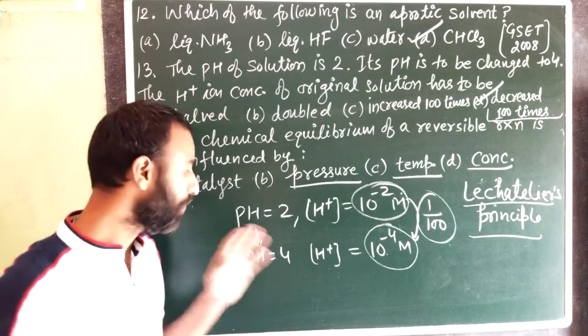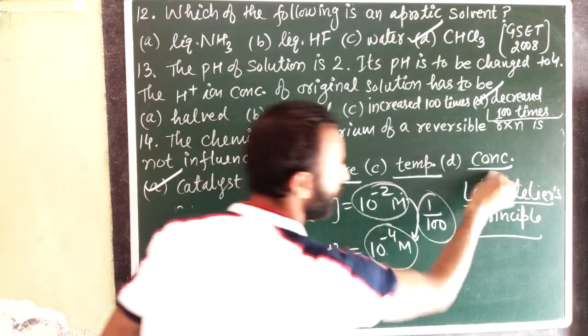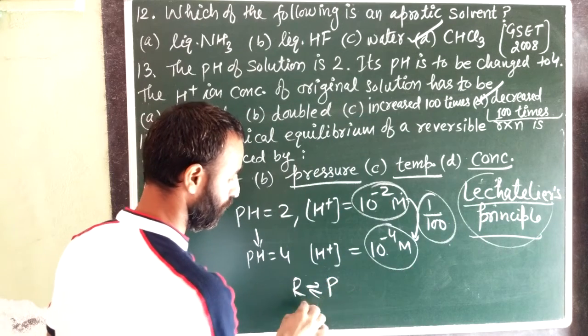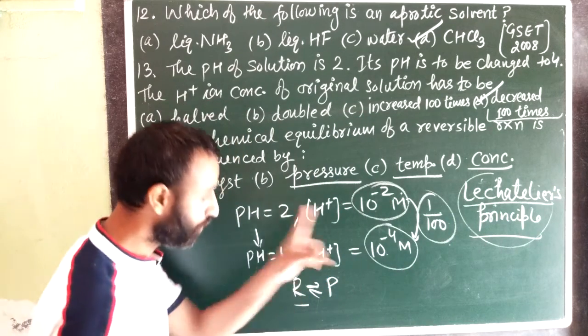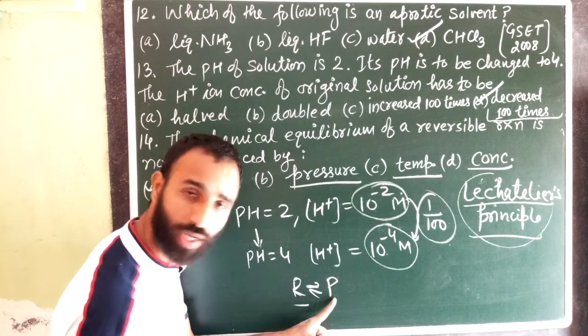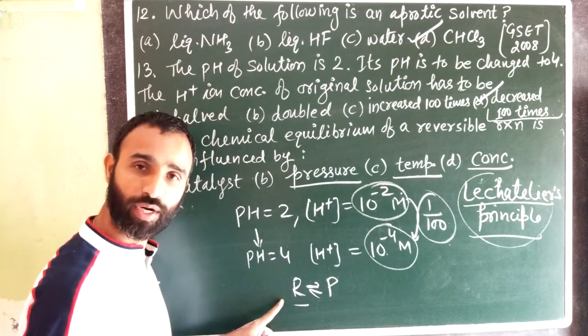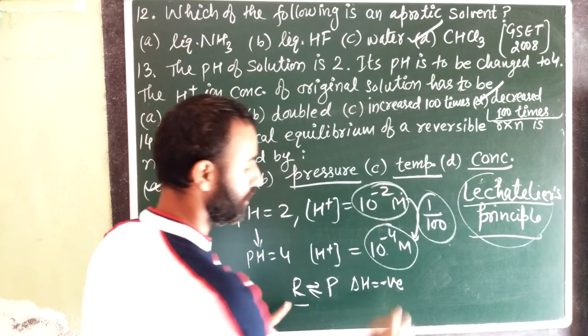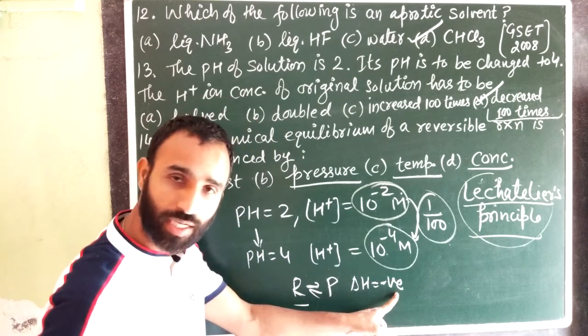Okay, otherwise if we go through this principle, reactant to product, if we increase reactant, equilibrium shifts forward. If we increase product, equilibrium shifts backward. If the reaction is exothermic, it is favored by decrease in temperature.